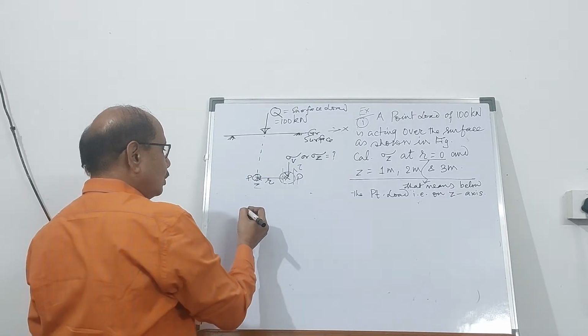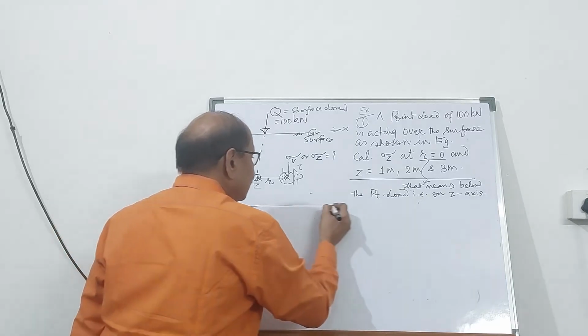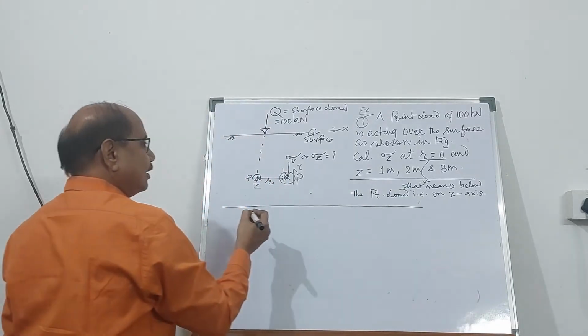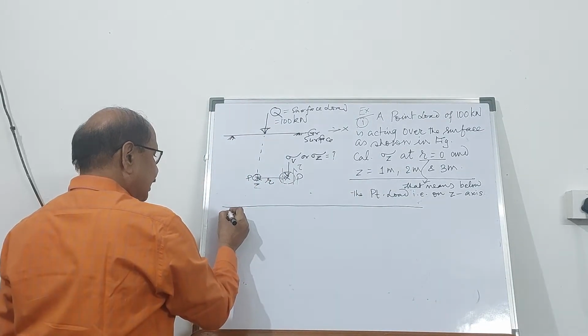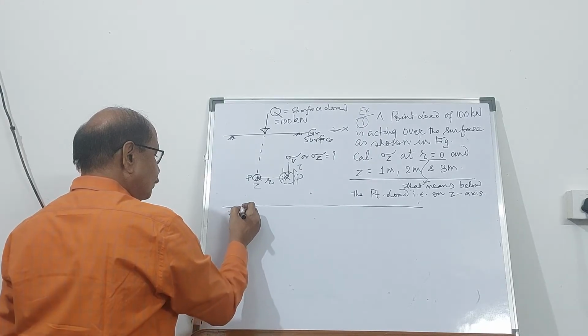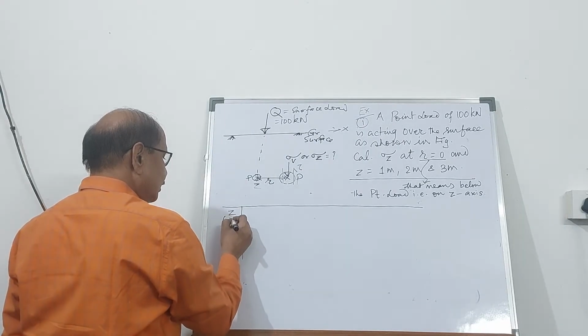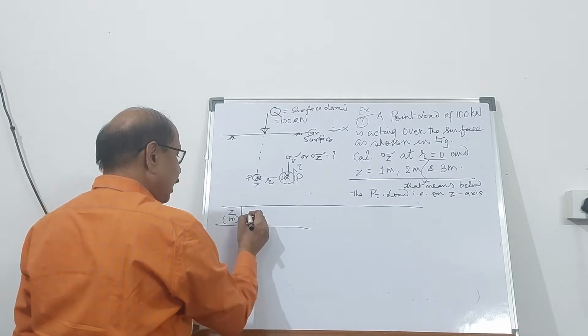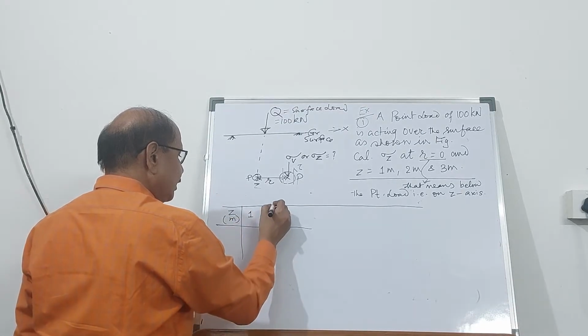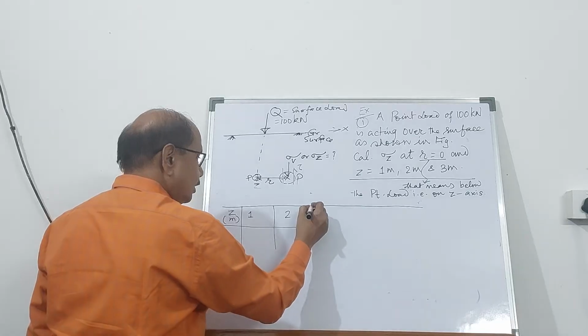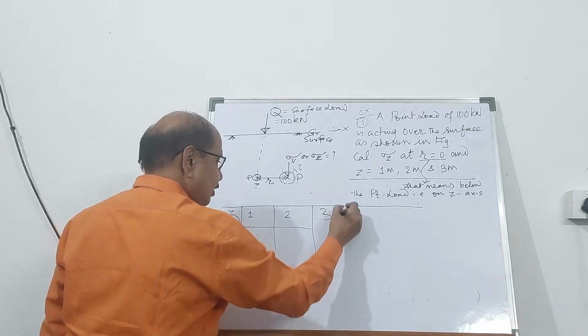Now, I know here that Z is known to be in meter. I need to calculate at 1 meter, 2 meter and 3 meter.